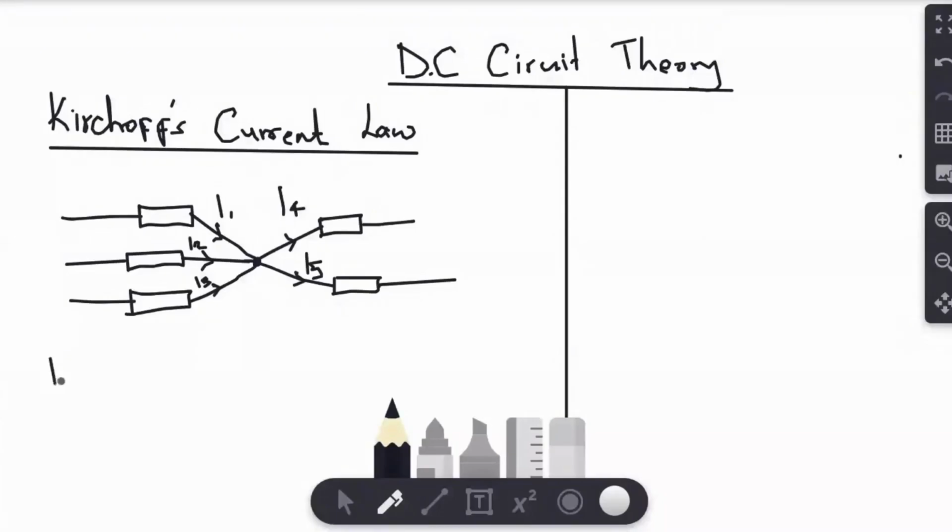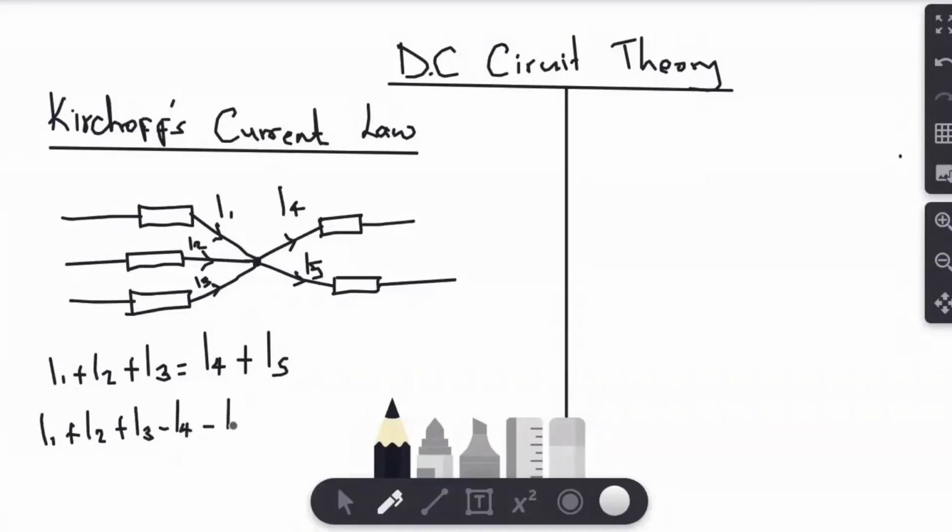To represent that using the Kirchoff's current law, I1 plus I2 plus I3 is equal to I4 plus I5. Or we could rewrite that as I1 plus I2 plus I3 minus I4 minus I5 is equal to 0, because all the current should cancel out to 0.